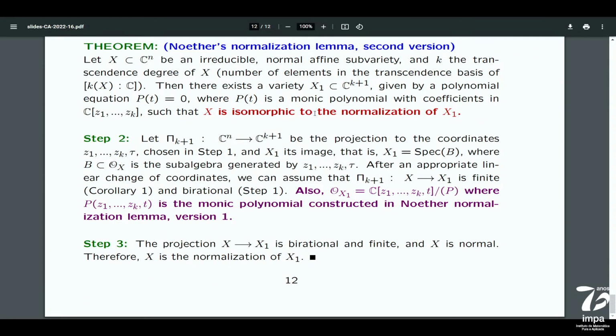Okay, so we have chosen this coordinate tau. This is no longer needed.